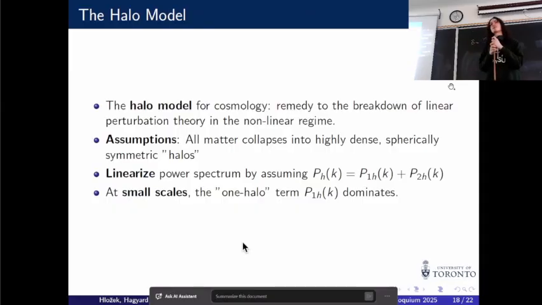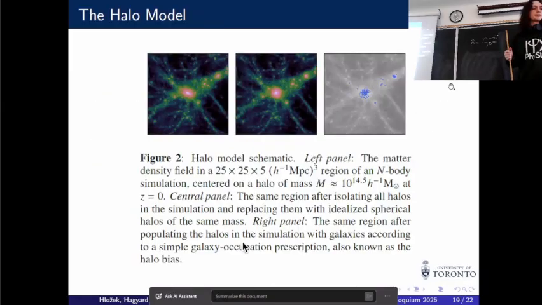I won't go into that too much, because it's more important that we understand that the halo model is, without getting too much into the detail, a way of expressing density perturbations at later times without the need to analytically solve Boltzmann equations, which, as I mentioned, is impossible when you reach nonlinear density perturbations.